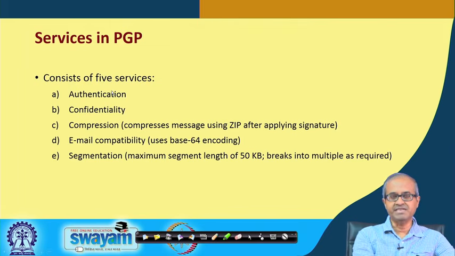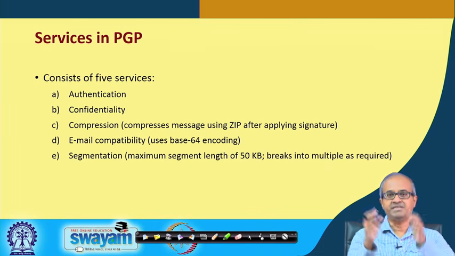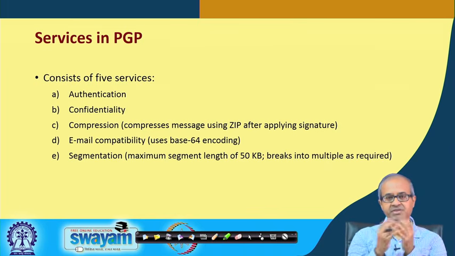First is authentication. It will verify the origin of a message, from whom a message is coming. Confidentiality, it can encrypt a message. Compression, sometimes it compresses a mail using a well known compression algorithm, zip, which you may know.